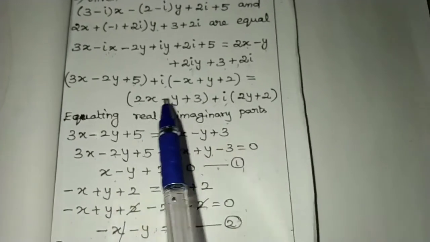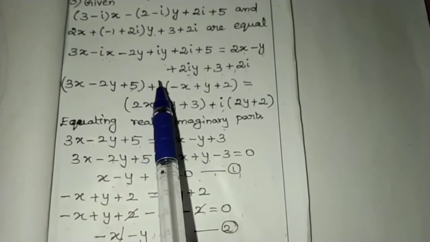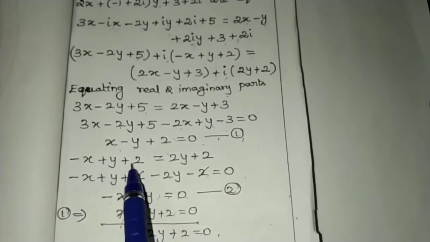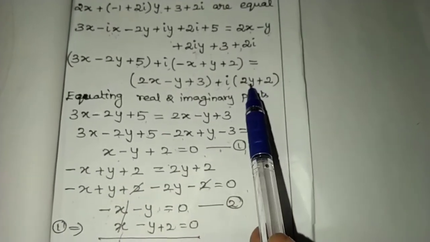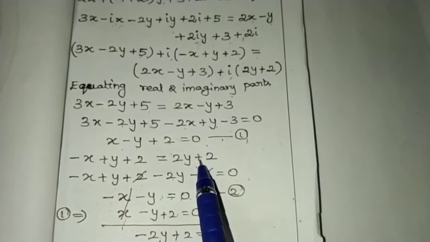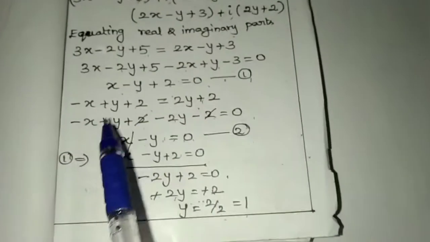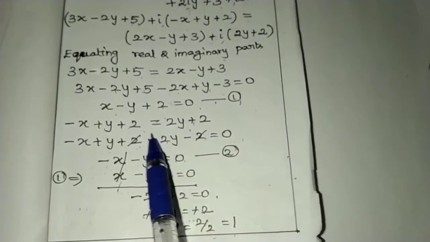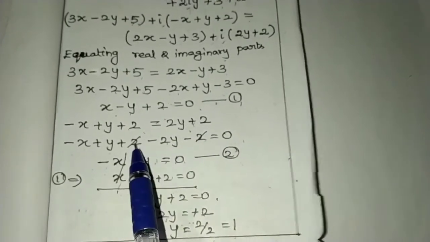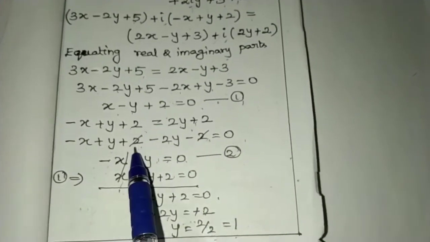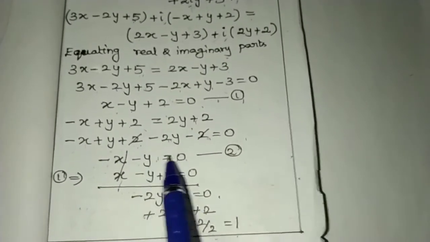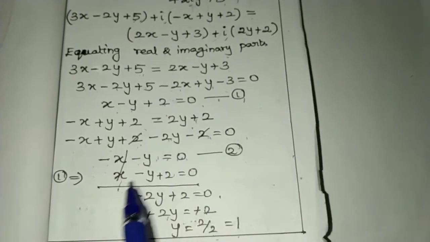Now 3x minus 2y plus 5, change the sign, simplify, we get x minus y plus 2 equal to 0. Okay, next equating the imaginary part, minus x plus y plus 2. Next 2y plus 2. Now RHS go to that side: minus x plus y plus 2 minus 2y minus 2 equal to 0. Plus 2 minus 2 cancel, we get minus x plus y minus 2y equal to 0.